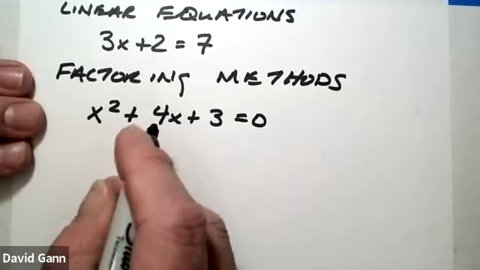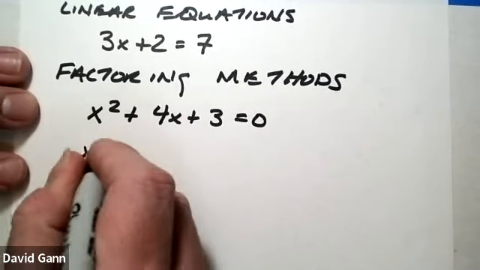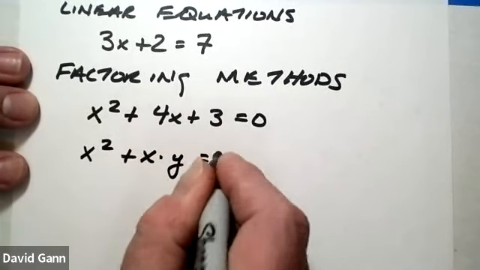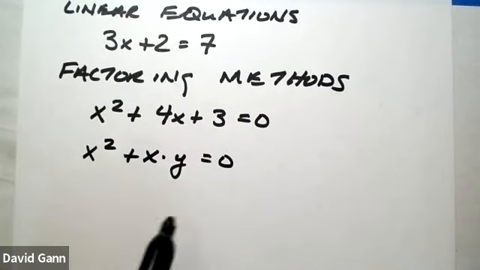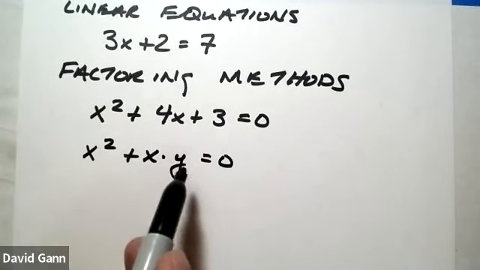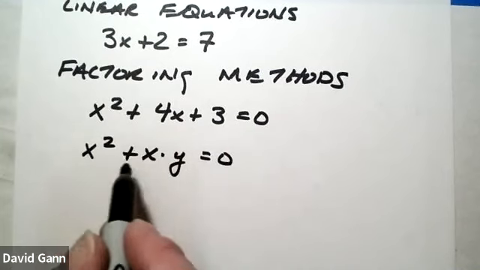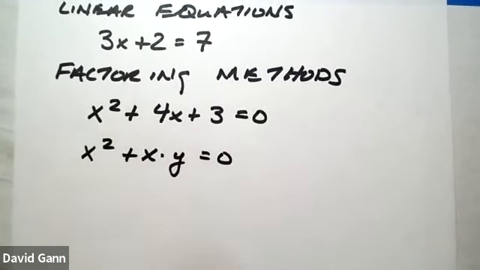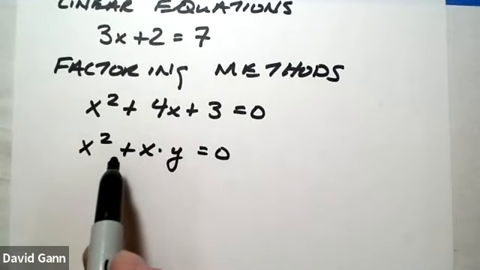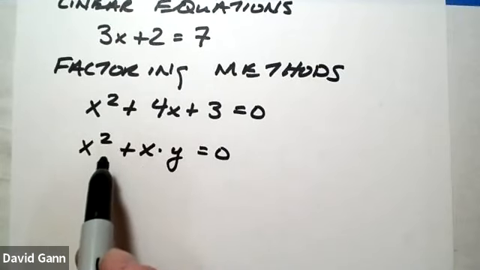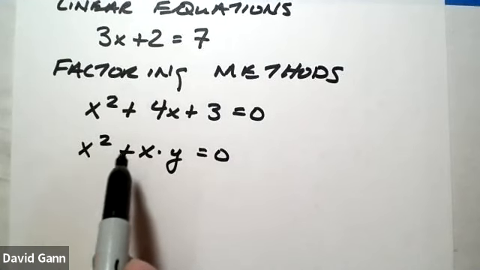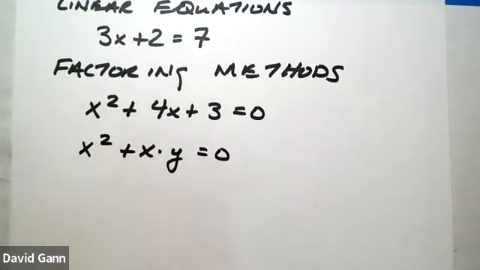If you saw something that looked like x squared plus x times y equal to 0, this might be more characteristic of the stuff we're seeing in this first section on trigonometric equations. You would simply factor out the x, and then you have one solution where x is equal to 0, and another where x is equal to negative y.